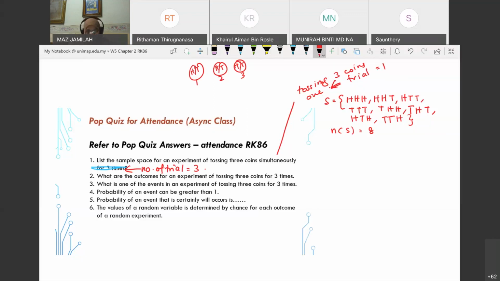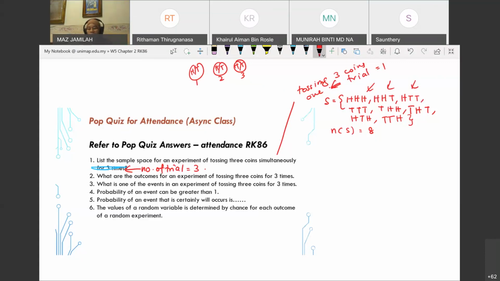Instead of tossing once, you toss a second time and a third time. And you may have different observations for your experiment. When you toss once, your interest is just to see what combinations of outcomes you may have for that one trial only. But when you increase the number of trials, it becomes a different perspective of approaching the problem of probability distribution.